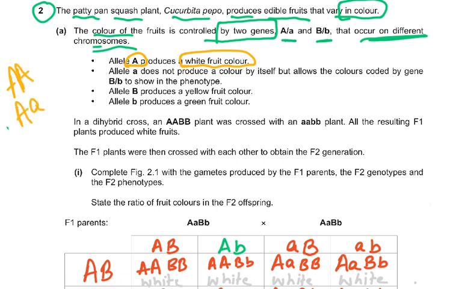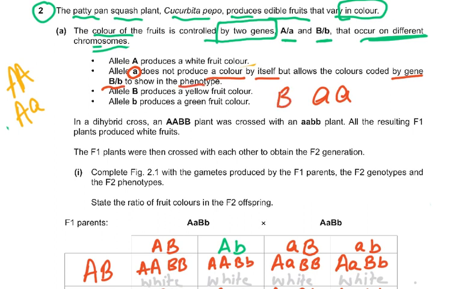But then allele small a. Now when you look at what the question is saying, small a does not produce a color by itself. So small a is colorless, but allows the color coded by the gene big B, small b to show its phenotype.